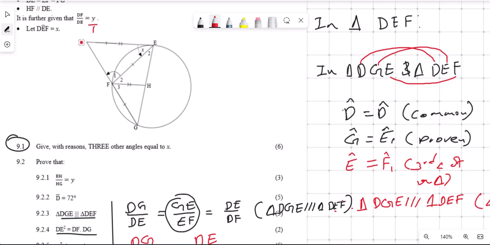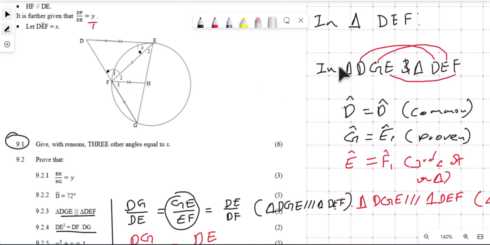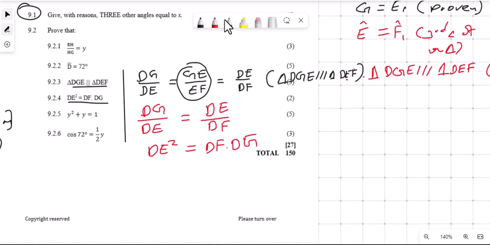Can I say it's y over 1? Yes, you can. Then it comes back to say to us 9.2.5.